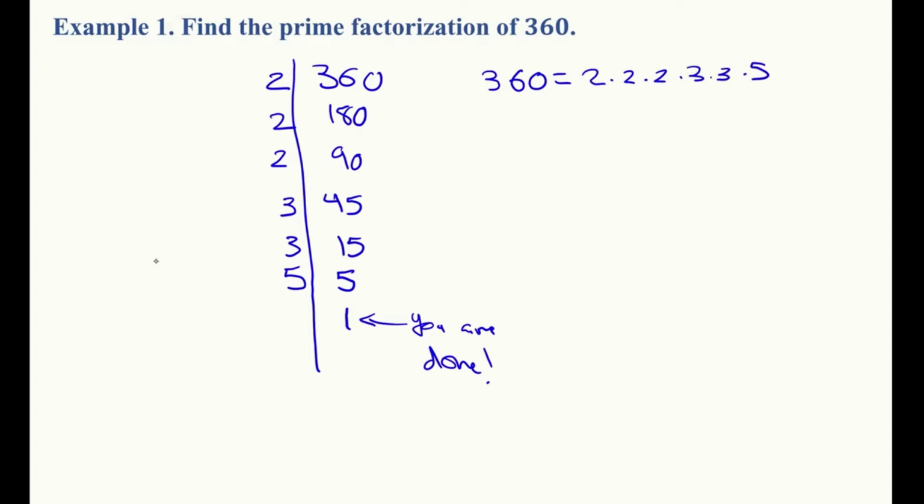Or, much more efficiently, we could use the exponential notation. We can say it's 2 cubed times 3 squared times 5. And there we have the prime factorization of 360.